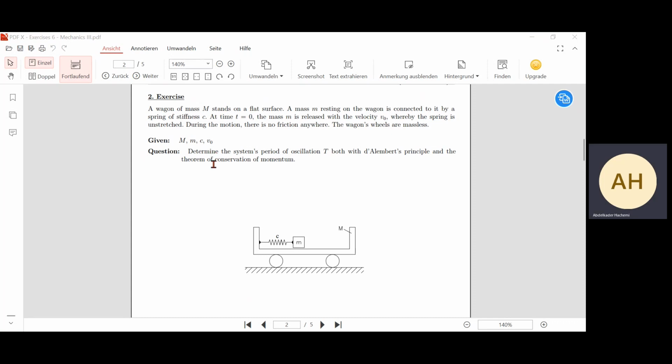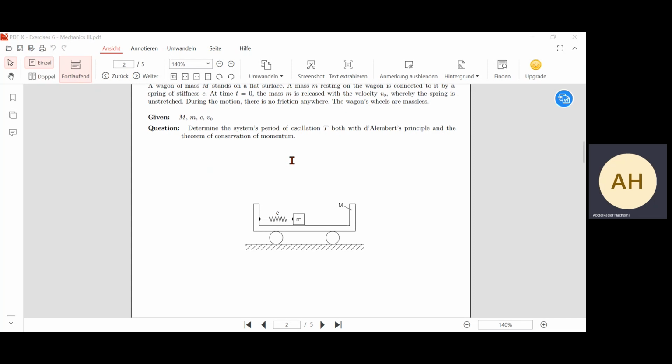What is asked here is to determine the system period of oscillation T, both with the D'Alembert principle and the theorem of conservation of momentum.